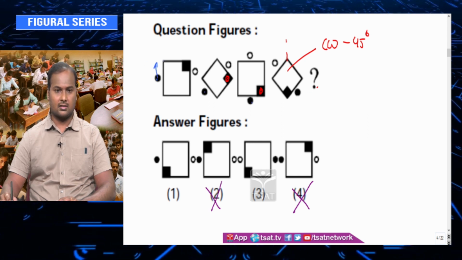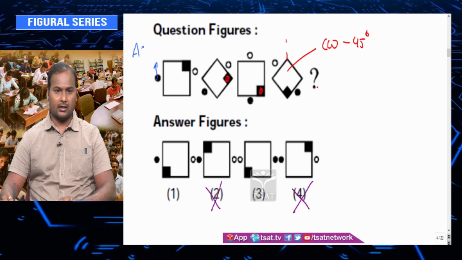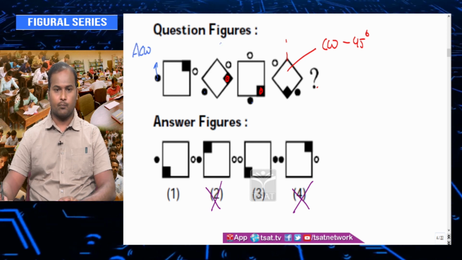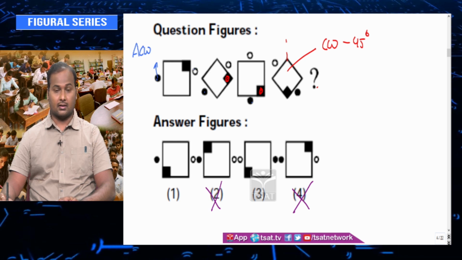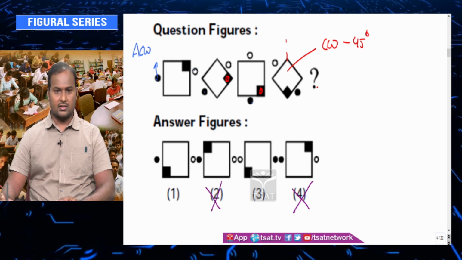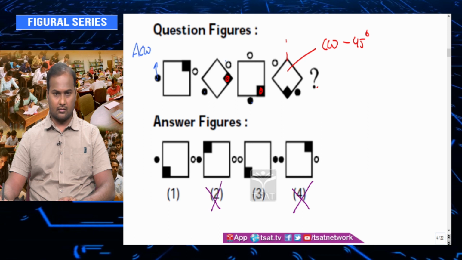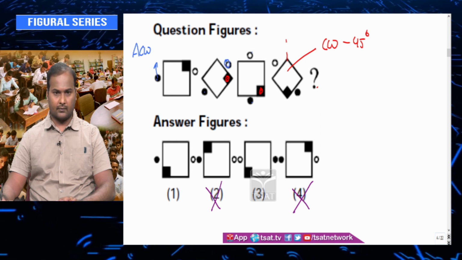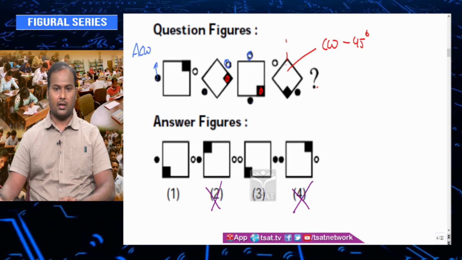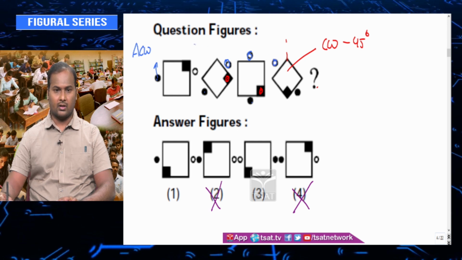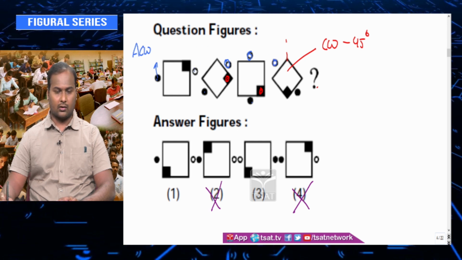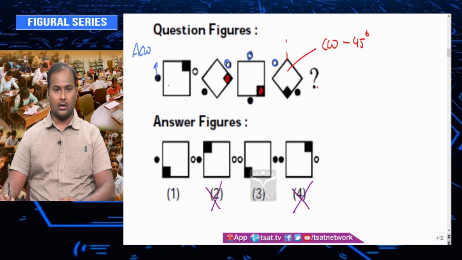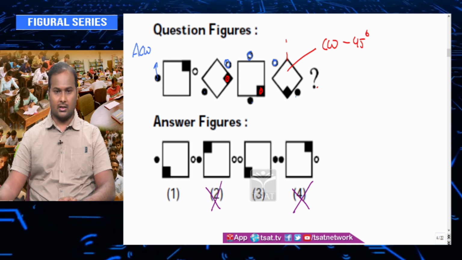So this darker circle is moving anti-clockwise. What about this lighter figure? Initially the lighter figure is here and again it came to this particular point, again on the top, again on the other side. It is also moving anti-clockwise. In this case, all are moving in the anti-clockwise direction.